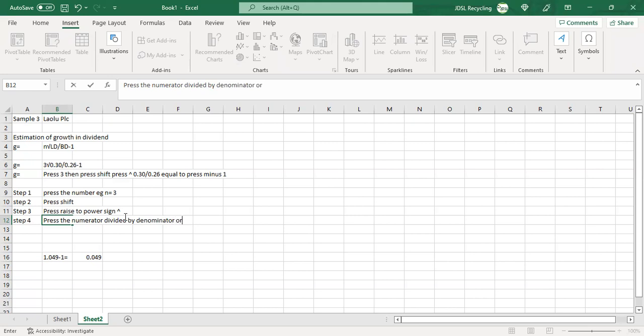Open brackets before pressing numerator divided by denominator.